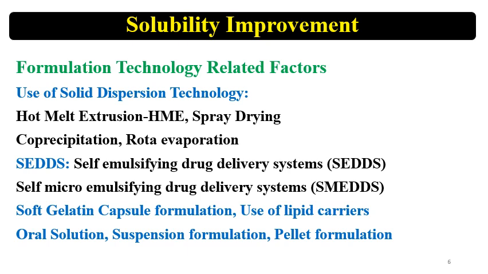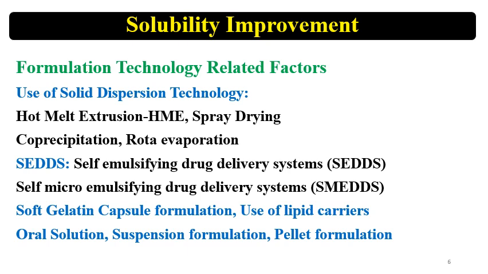Then use of co-precipitation type of technology, use of rota evaporation, melt granulation, twin screw granulation, hot melt granulation, use of surfactants. Many technologies are there to improve the solubility and bioavailability.